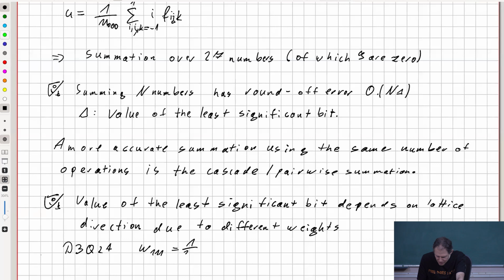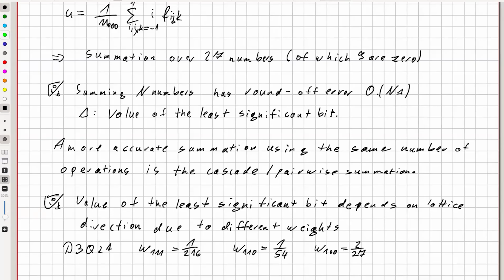The weight of this direction is 1/216. W110 is 1/54. W100 is 2/27. So actually there's significant difference, and W000 is 8/27.